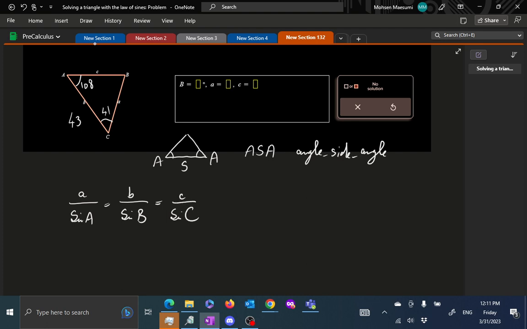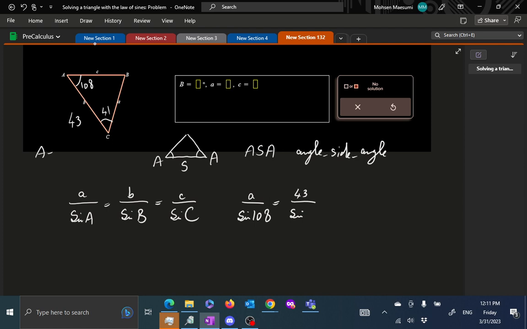This is the side and that's the angle. So let's just write the quantities we have and the ones that we don't have. So I don't have a divided by sine of 108. I do have b. b is given as 43 divided by sine of B. Now, what is B itself?